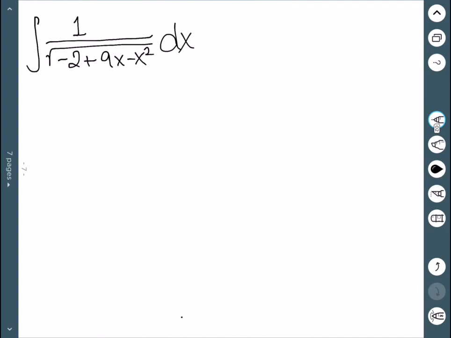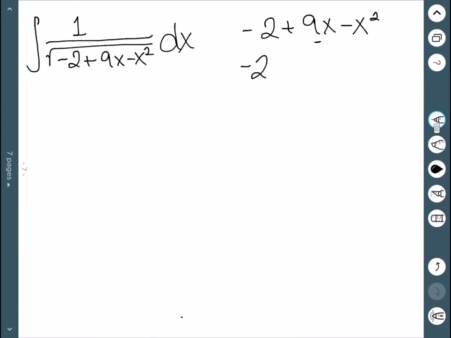Here I have another one with this polynomial, and once again we can figure out pretty quickly that factoring is not going to help. In fact, here instead I'm going to want to complete the square. Let's look at just this thing under the square root for a second. We always start by taking the number in front of x and dividing by 2, and then squaring.